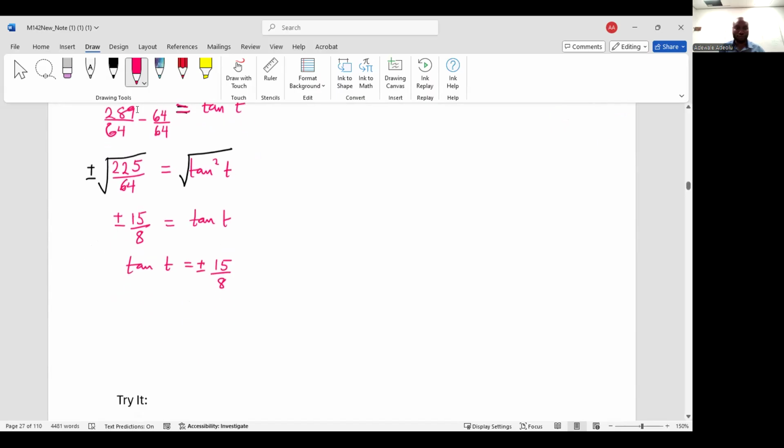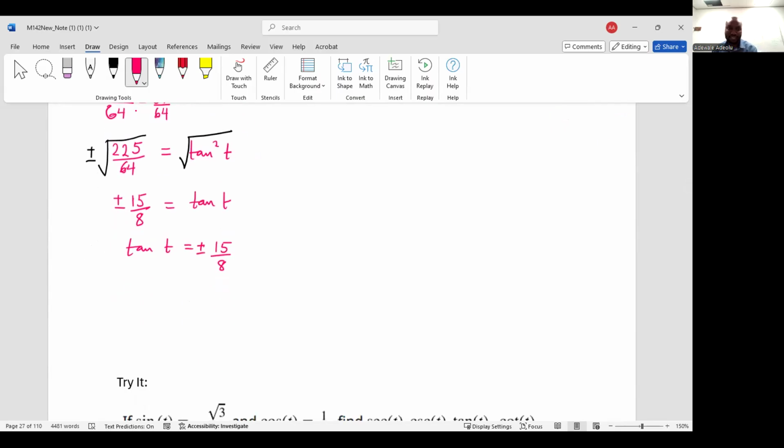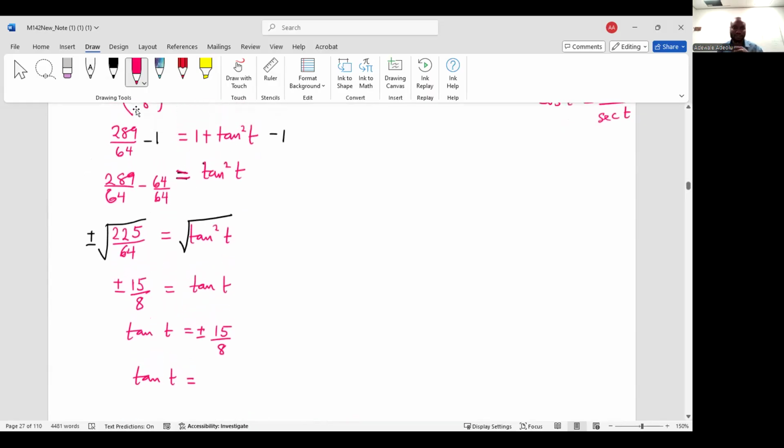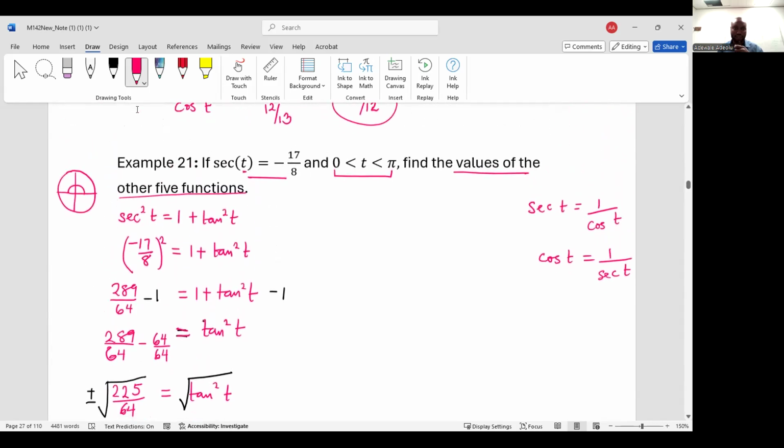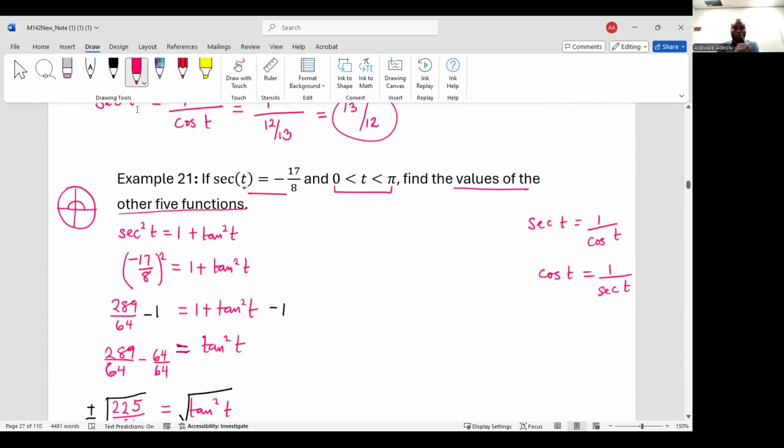One more thing for us to do is decide what the sign is. So tangent of t, is it going to be plus or minus? Let us figure that out. The question is, where is our angle t?